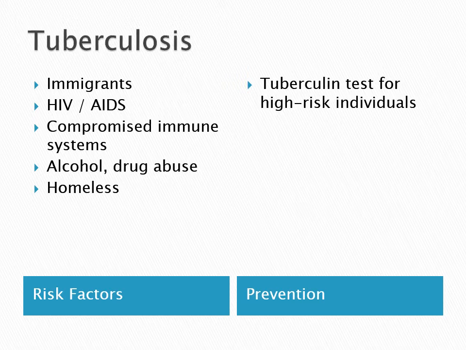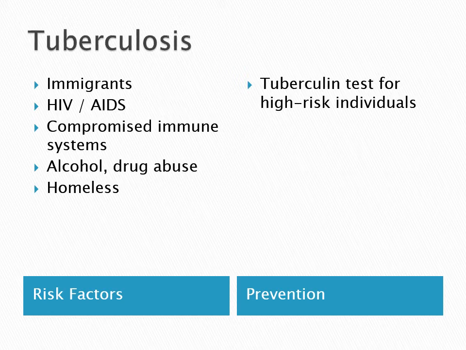So anybody with a compromised immune system, which includes people with HIV, AIDS, alcohol and drug abusers, homeless, anybody with a low socioeconomic status because of the malnutrition and the more crowded living environments that result. And then also immigrants, because in certain parts of the world, there are higher rates of tuberculosis.